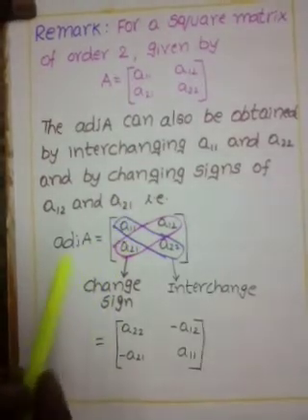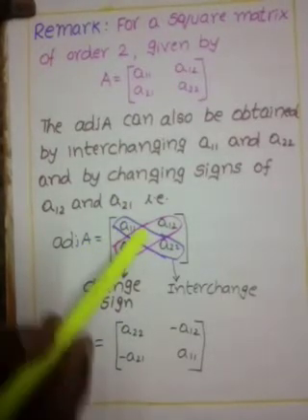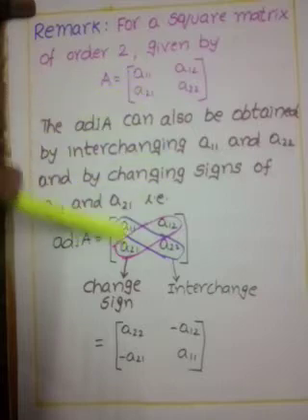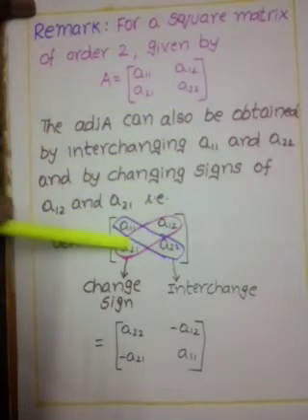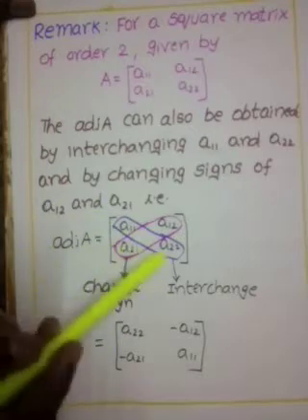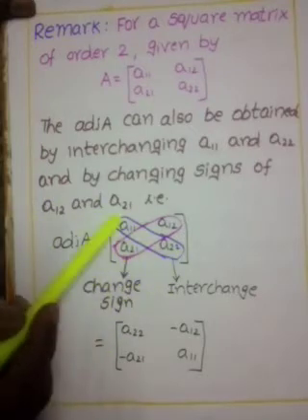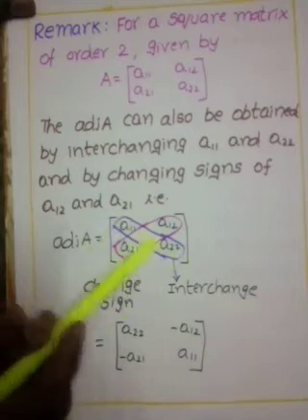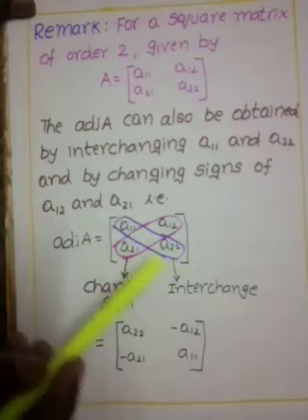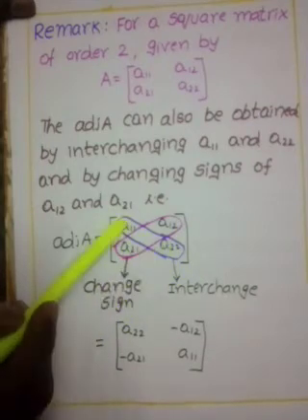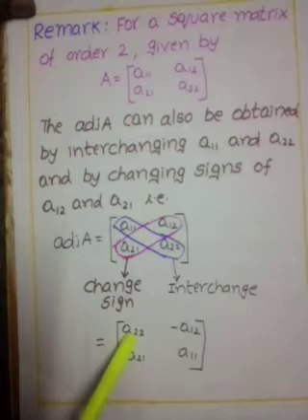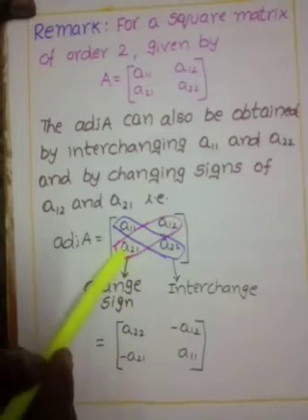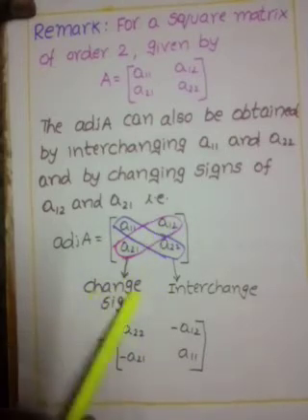That is, this is the given matrix a11, a12, a21, a22. Then its adjoint matrix can be obtained by interchanging these diagonal elements. This number should be here, this number should be here. We wrote a11 here, a22 here. In the other elements we have to change their sign.